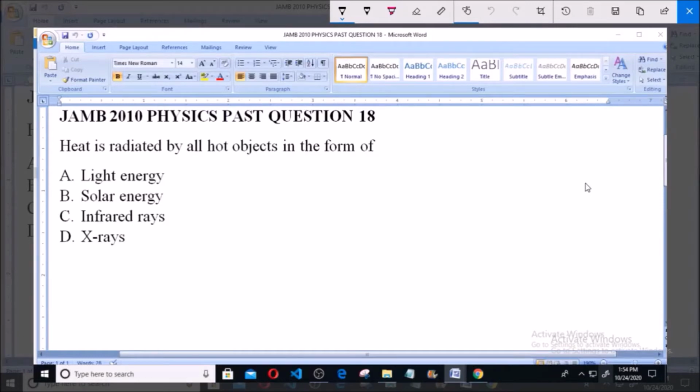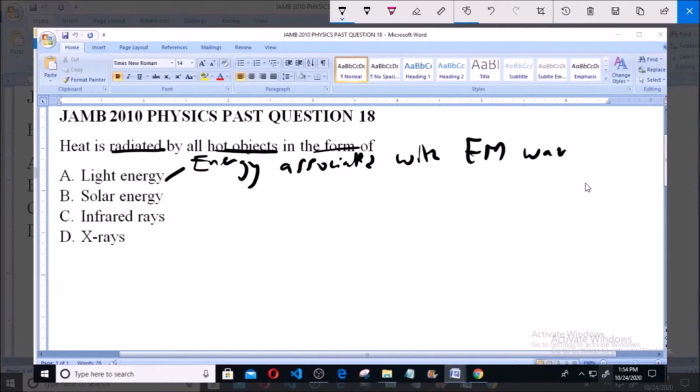All objects, hot objects. Now option A says light energy, and light energy basically is the energy associated with the electromagnetic wave, visible light. Now this is the only EM wave that is visible to the human eyes.